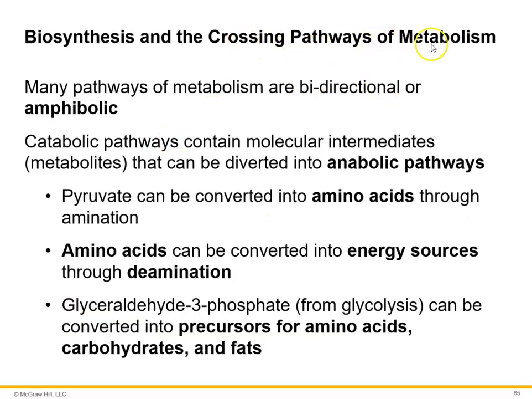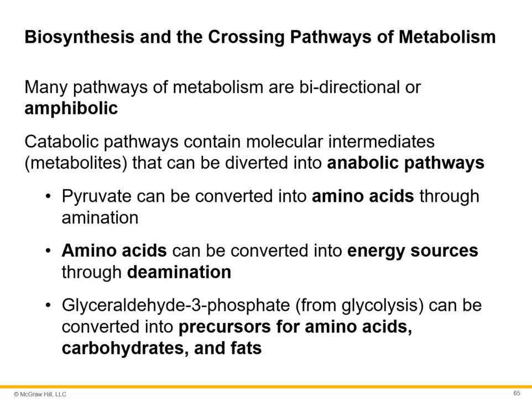All right, the crossing pathways of metabolism. Just zoom out for a minute and realize that most of these pathways are going to have multiple directions that they flow in. This is because those molecular intermediates that are produced along those pathways can be used in other pathways, and it really just depends on what the cell needs.